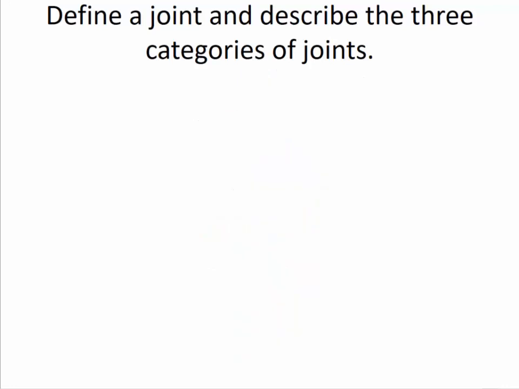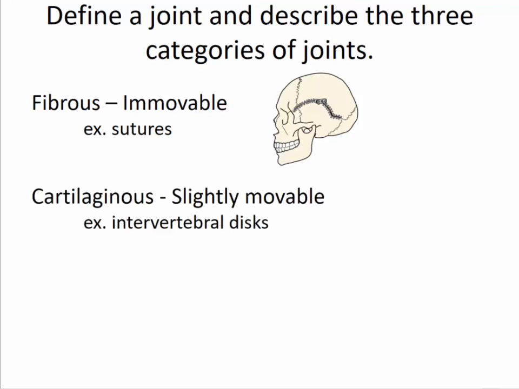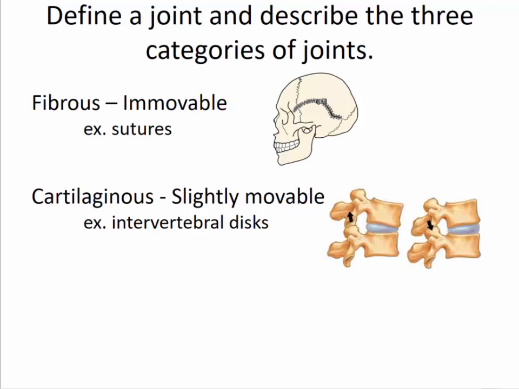But let's describe the three categories of joints. The first are fibrous joints. These joints are immovable, and they include the sutures that we talked about earlier found between the cranial bones in the skull. We have cartilaginous joints, which are slightly movable, and we've seen those earlier when we talked about the intervertebral discs.